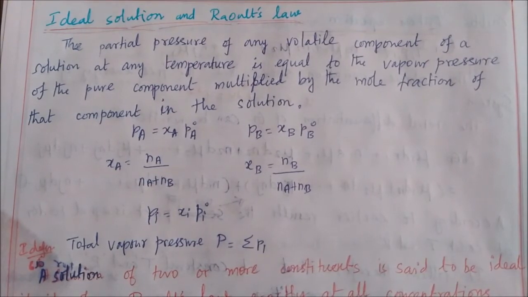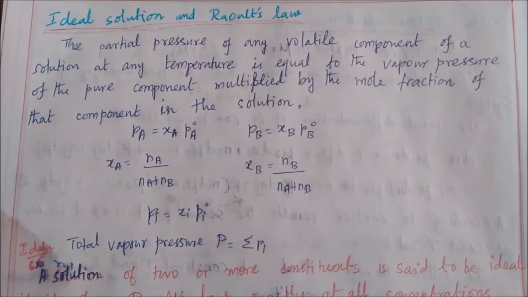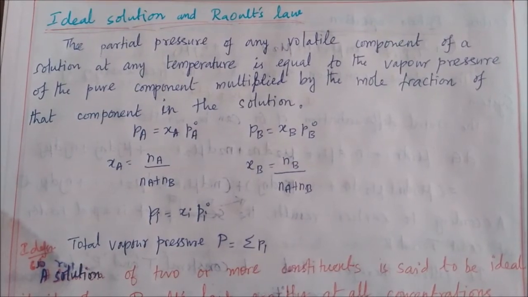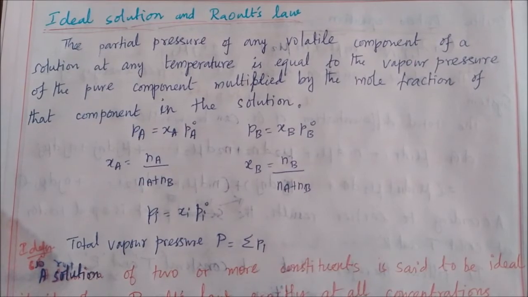Ideal means perfect. If the gaseous molecules are not obeying the ideal gas equation, then that is known as non-ideal or real gases. But why can we not use the same ideal gas equation in the case of solution?